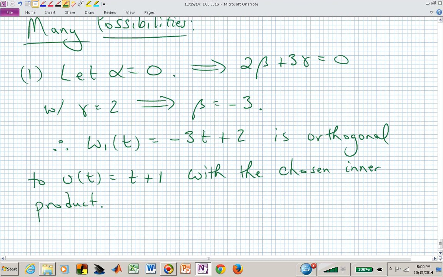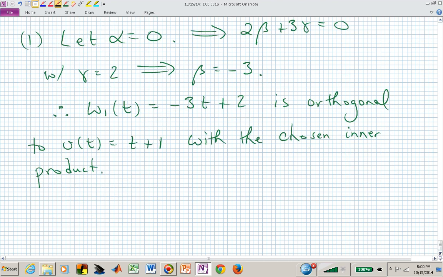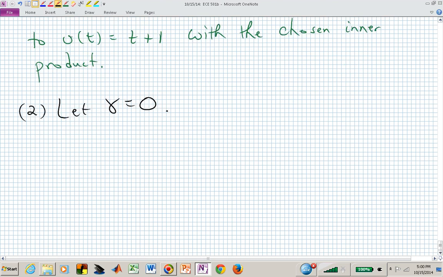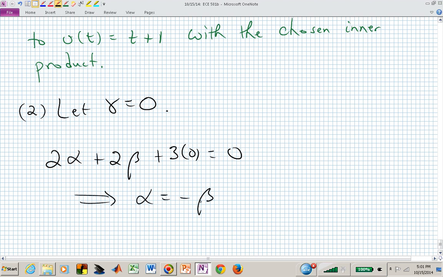What are some others? Suppose that we now pick a different one of those three coefficients to be 0. Suppose we let gamma be 0. Now we have 2 alpha plus 2 beta equaling 0, or alpha is equal to minus beta.